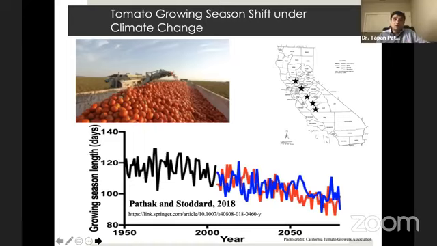We did not look at the potential yield decline, but if the total growing season time is shrinking significantly, it can have an impact on yield as well.